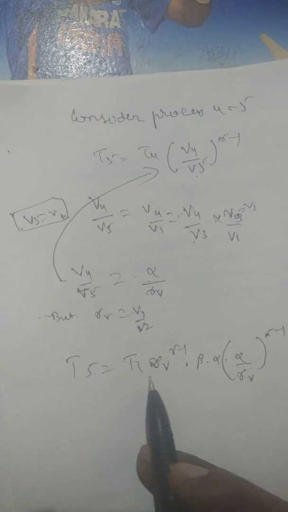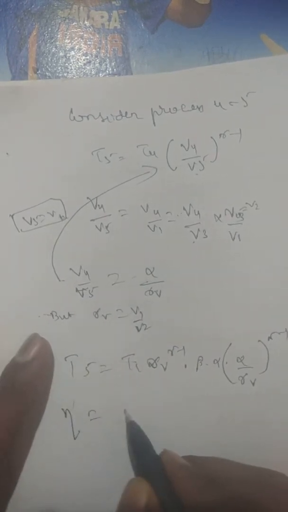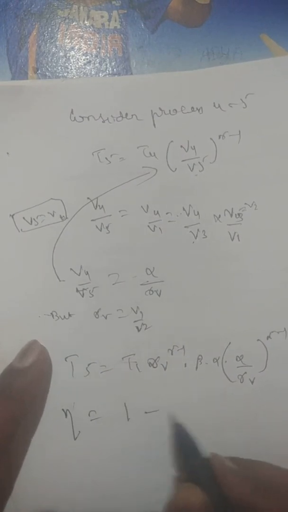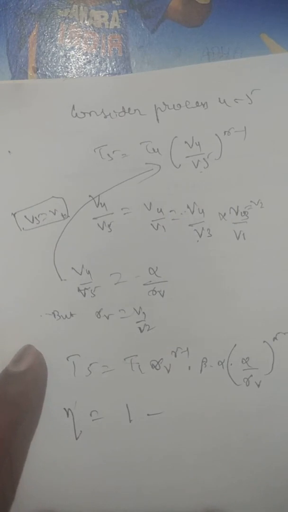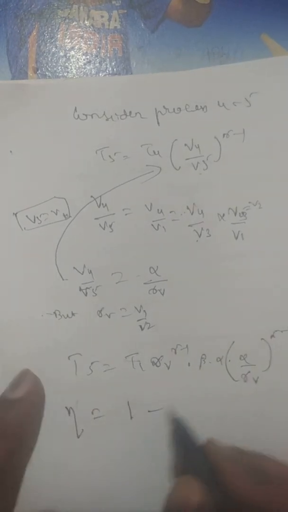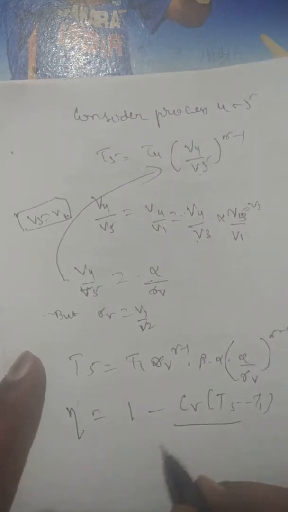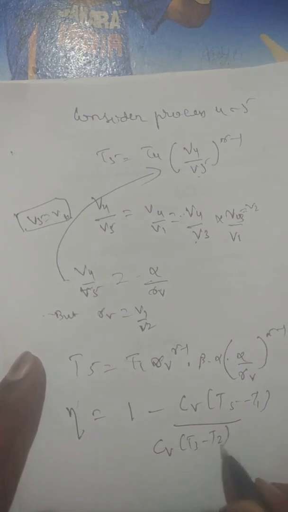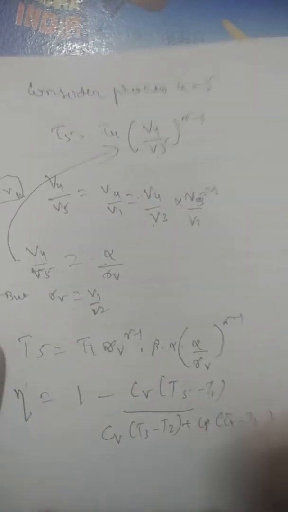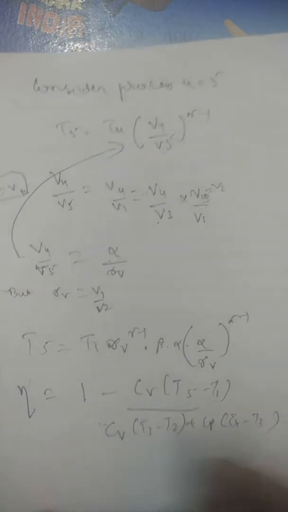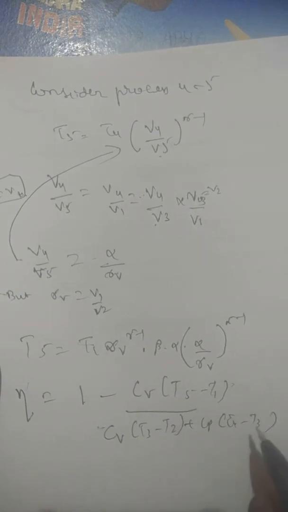Now I will substitute all these into the thermal efficiency equation. I will write it once again so you can understand: thermal efficiency equals 1 minus CV into T5 minus T1 divided by CV into T3 minus T2 plus CP into T4 minus T3. Here I will substitute T5, T1, T3, T2, T4.